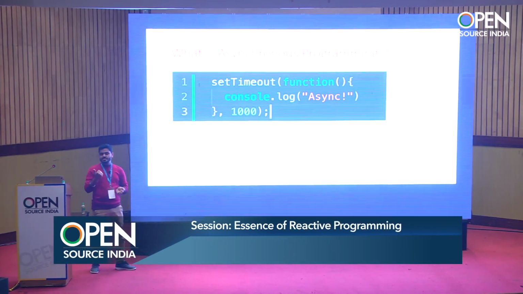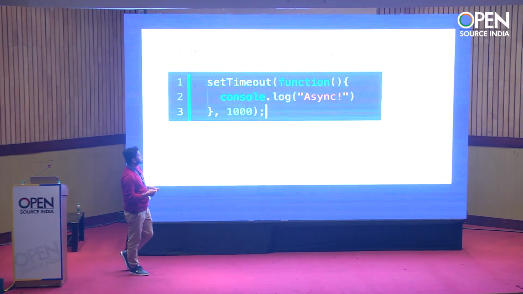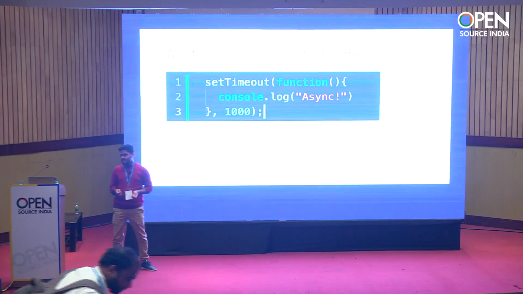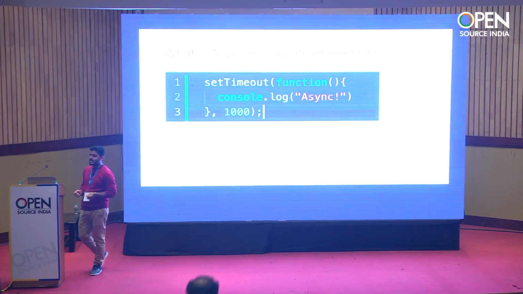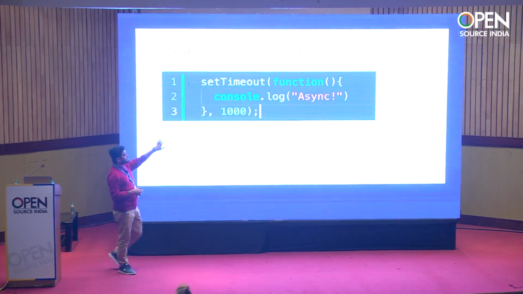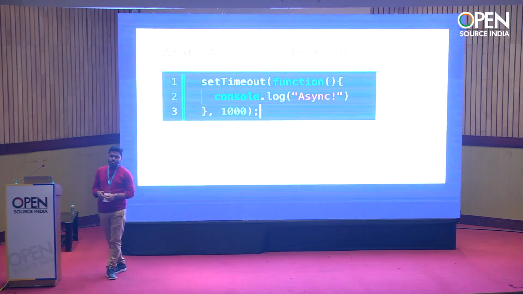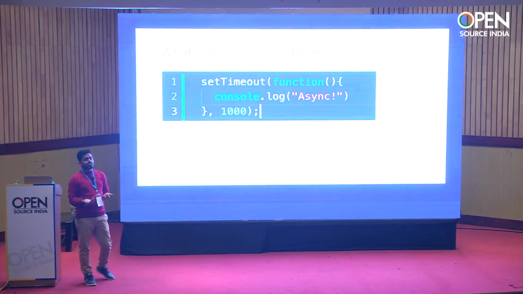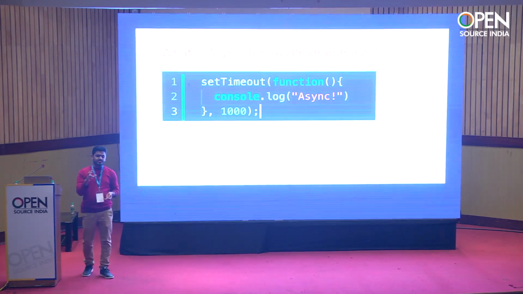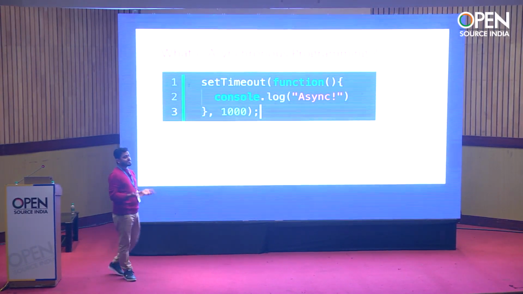If you see this program, setTimeout, which is a native JavaScript function, we say, hey setTimeout, you execute this, and after a certain time interval, which is 1 second, you print this console log async. And in the meantime, how does JavaScript behave? JavaScript executes this function, setTimeout, and it doesn't keep quiet for a second, right?